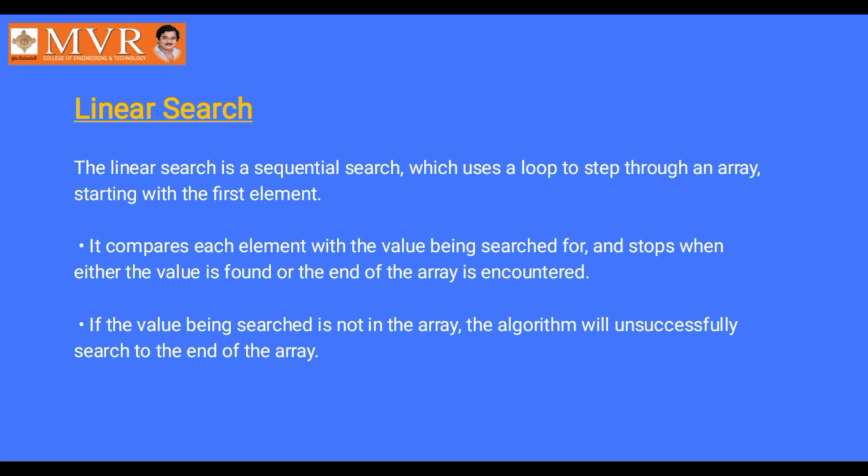At which location I have found it, that also I can say clearly. If I don't find the element, I search till the end of the array, that is till the list of elements is over. Then I say my search is unsuccessful and my element is not found.